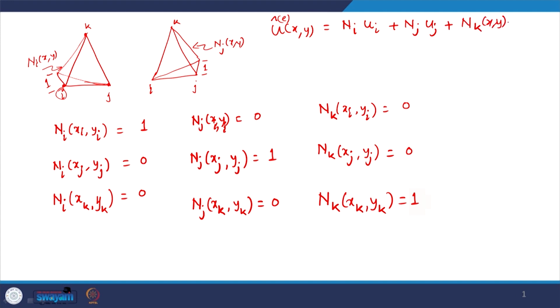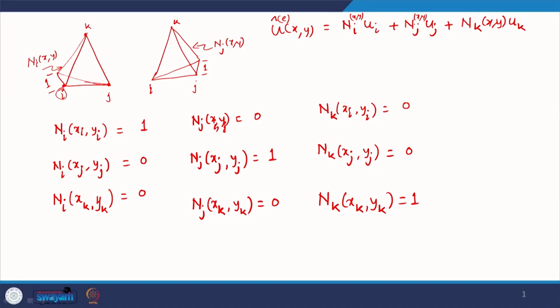Let me be explicit about the x y dependence: n I is also dependent on x and y, n j is a function of x and y, and n k, and u I, u j, u k are values of the primary variable at nodes I, j and k.